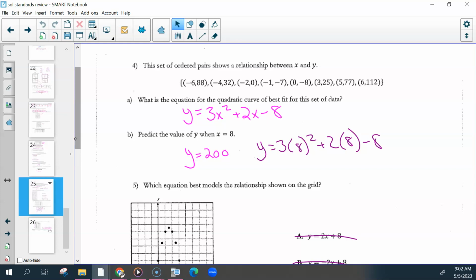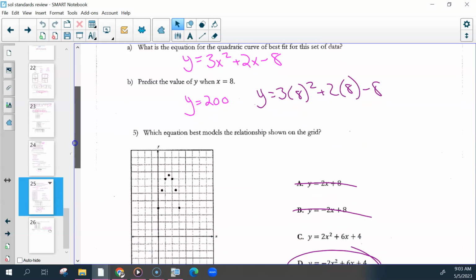B, y equals 200. And then those, put them in the table, find it says quadratic curve of best fit, so use that regression, put in when x equals 8, and you would get that answer.